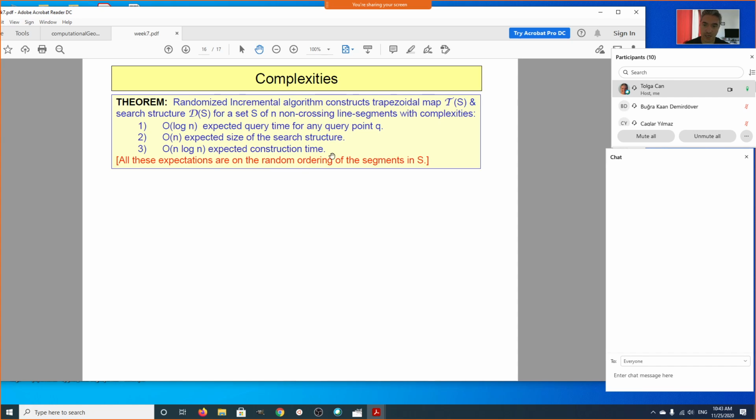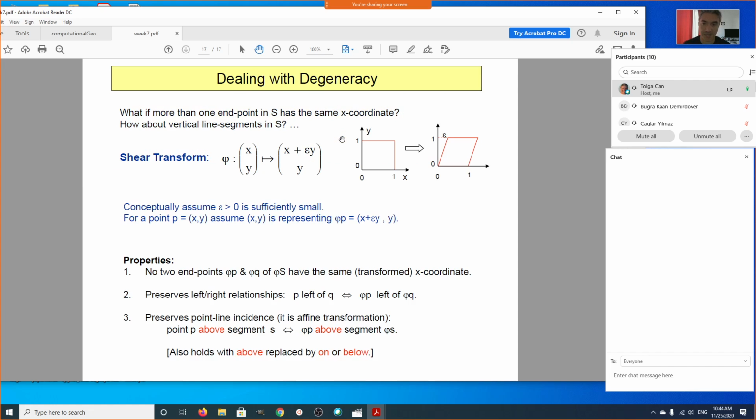The expected construction time is n log n, and the expected query time is O(log n). So it's very efficient. If you randomly insert these nodes into your tree, you will be able to answer these queries very fast, with a very small storage space.